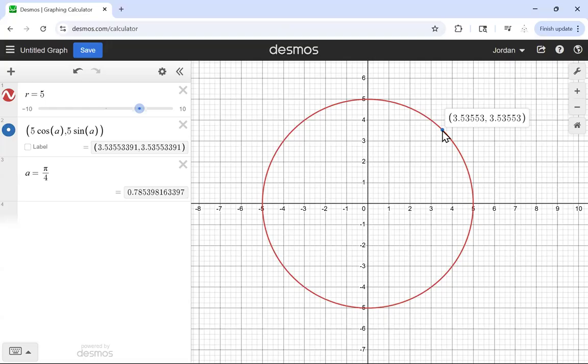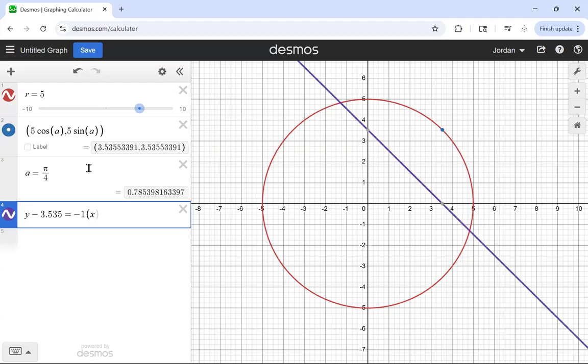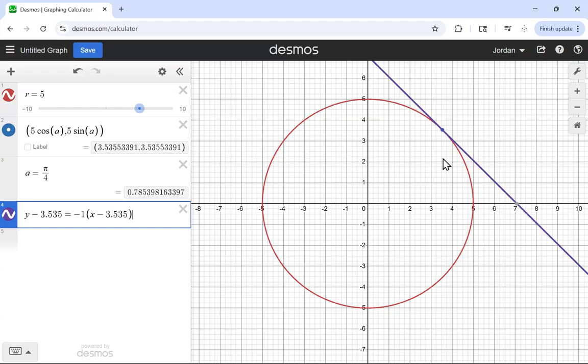There's the point, about 3.54, and again, about 3.54. So that's the point right there. You can see that the line tangent to this point on the circle should have slope pretty close to negative 1. So if we figure out the slope, again, negative 1, if I actually found that line, it'd be something like that.